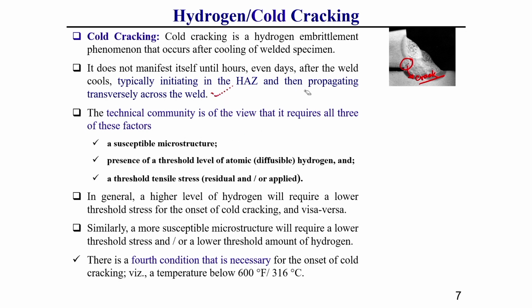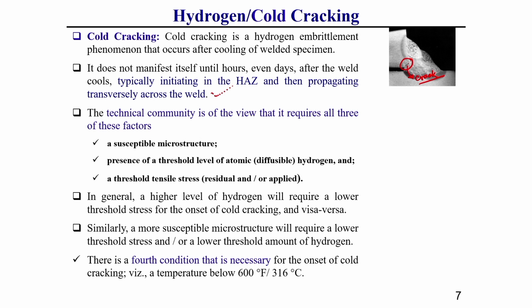Initially you observe that after welding your weld quality looks so good, but after 1 day or 2 days you observe that there is some cracking. This cracking starts in the heat affected zone and propagates transverse to the direction of welding. It can take approximately 16 to 48 hours.